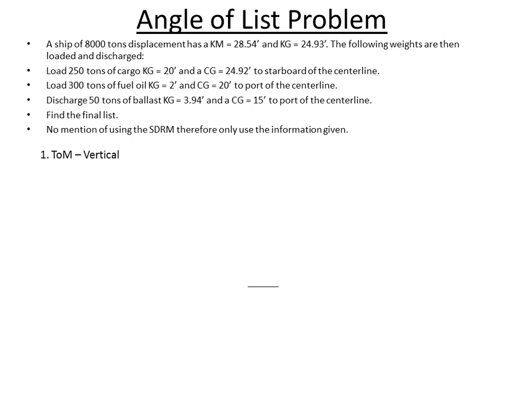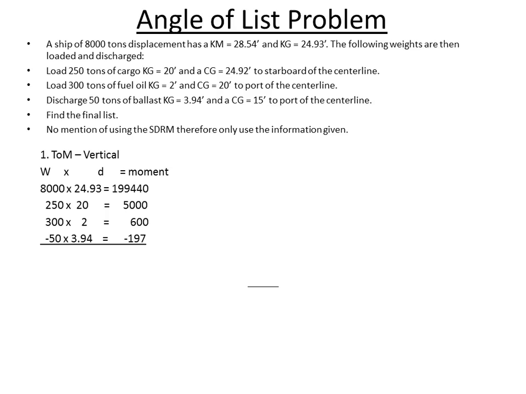Let's calculate the theory of moments, TOM, vertically. Weight times distance is going to be the moment. We have an 8,000 ton vessel with a KG of 24.93, which gives us that moment for the vessel. We're going to load 250 tons at 20 feet, load 300 tons at 2 feet, and discharge 50 tons at 3.94 feet.